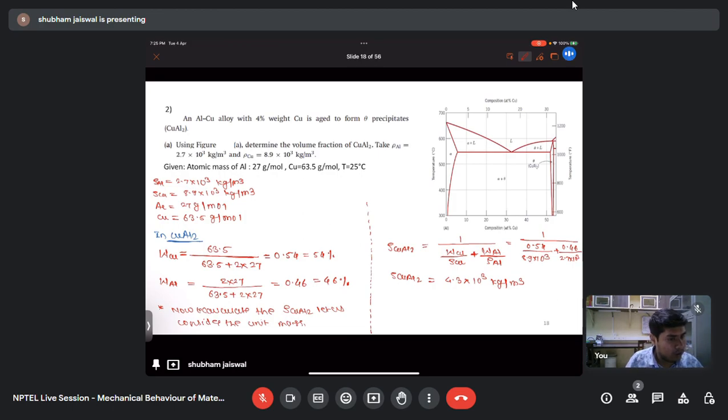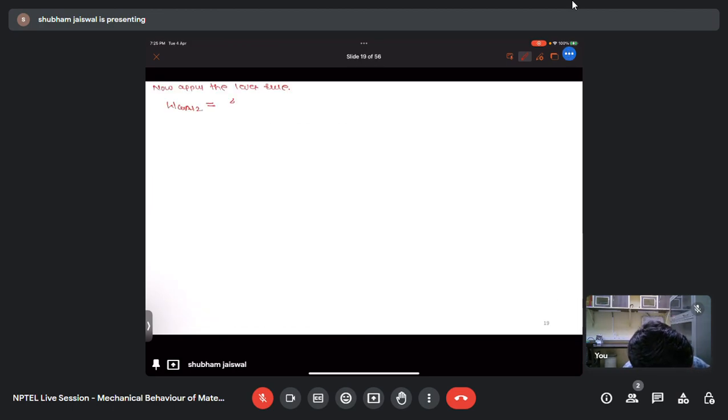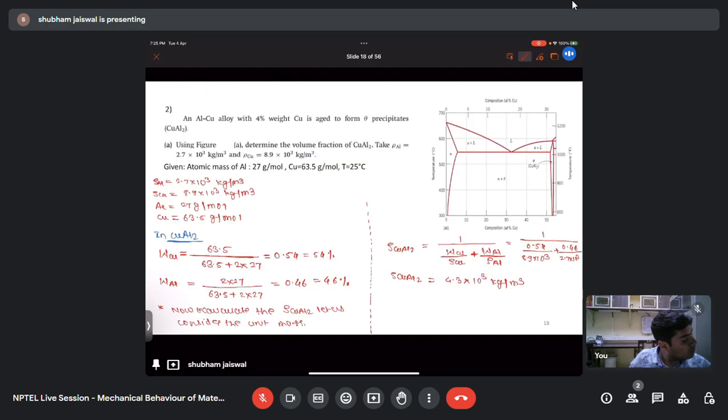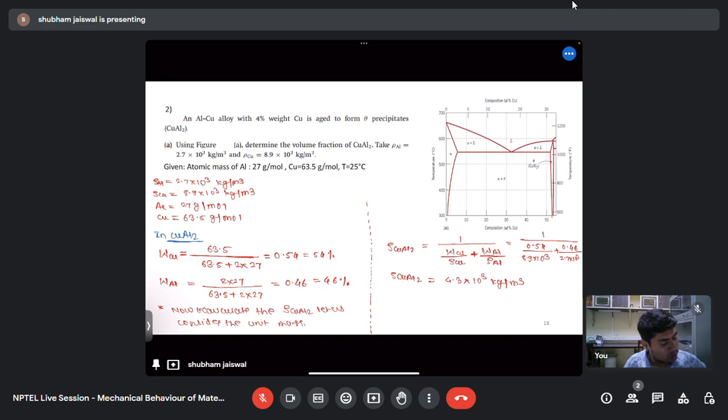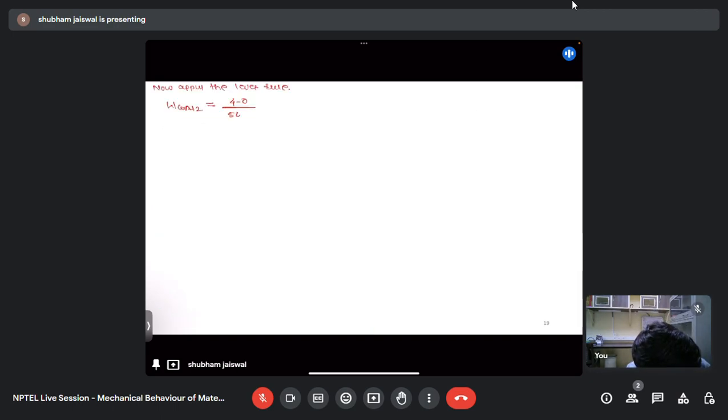So at this end we have 4 minus 0 divided by, here it is almost touching near 54. So 54 minus 0, so we'll get somewhere around 0.0741. So now you have the weight fraction of the CuAl2.